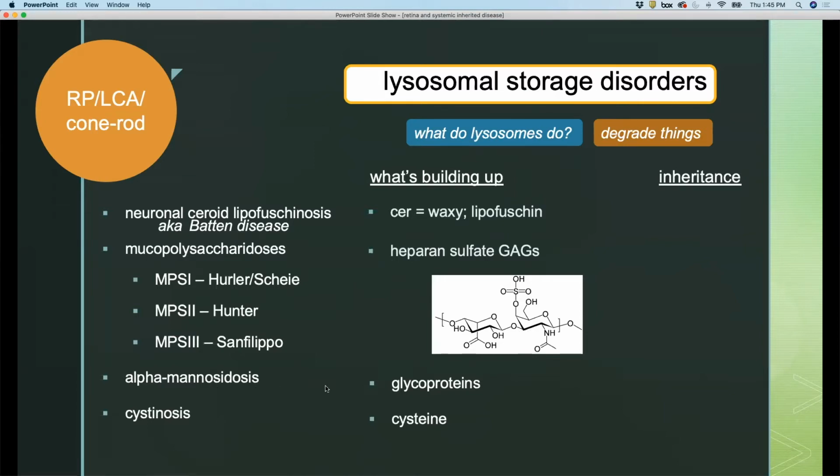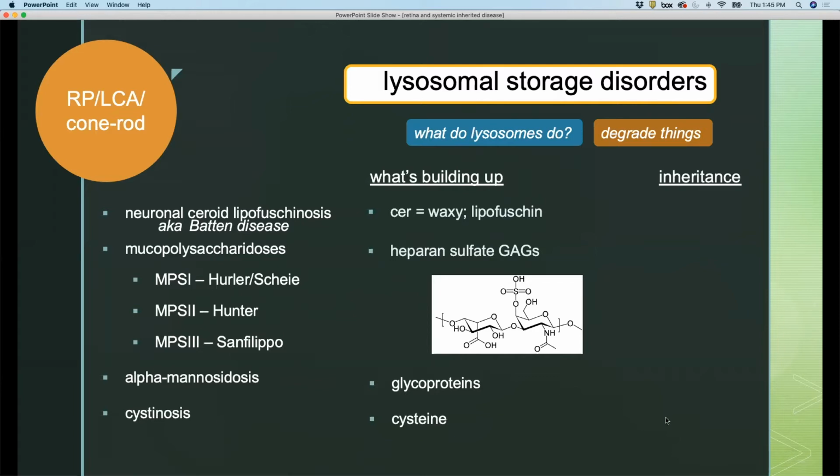Alpha-mannosidosis is another lysosomal storage disease that's really similar to the mucopolysaccharidoses, and glycoproteins are what build up in the lysosomes because they don't get degraded. Cystinosis is another lysosomal storage disorder, in which cystine builds up.